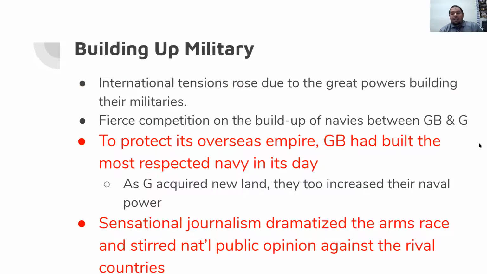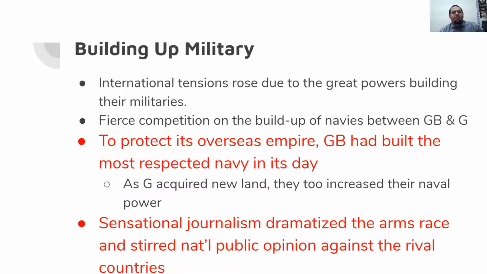All right, building up the military, main cause M. So international tensions rose due to the great powers building up their militaries. There was fierce competition on the buildup of navies between Great Britain and Germany. And to protect its overseas empire, Great Britain had built the most respected navy of its day. So we all know that.